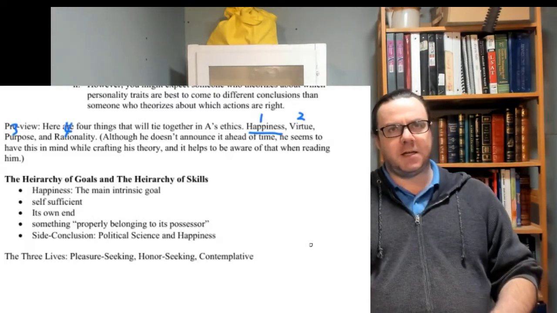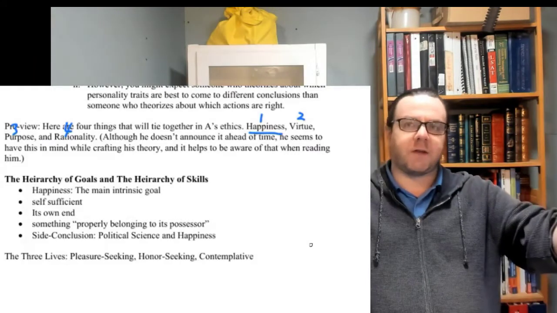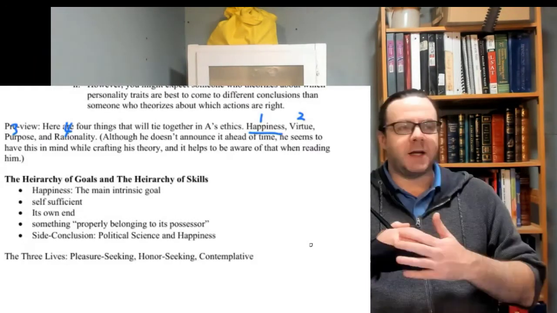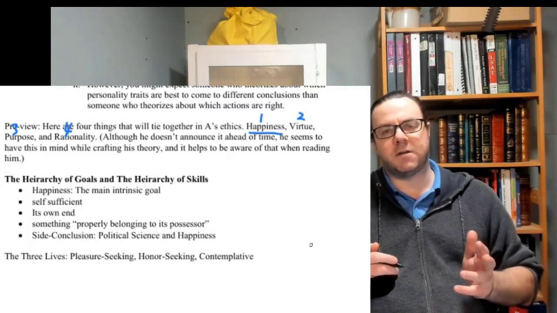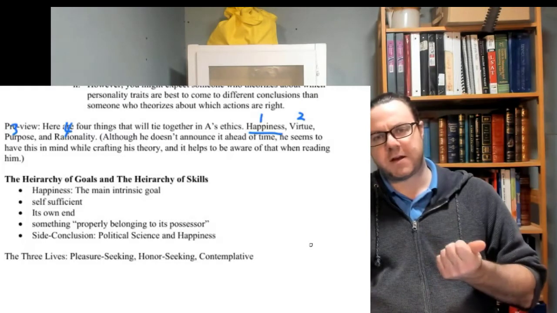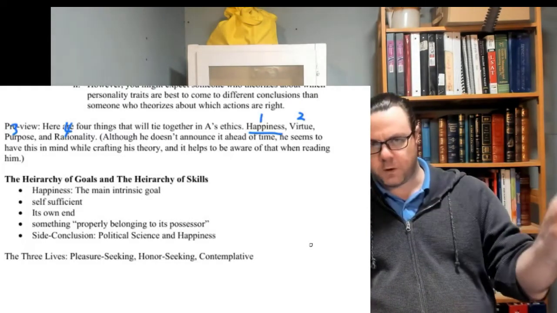So he's thinking in terms of this world of goods out there that are being pursued and produced, and he concludes that there's a kind of hierarchy among those goods, and what he bases that on is some goods are serving for another good.